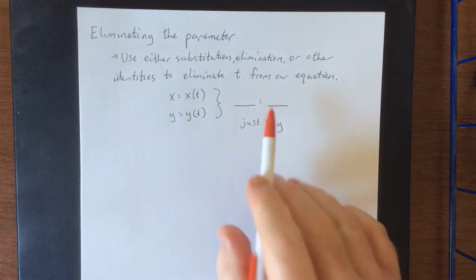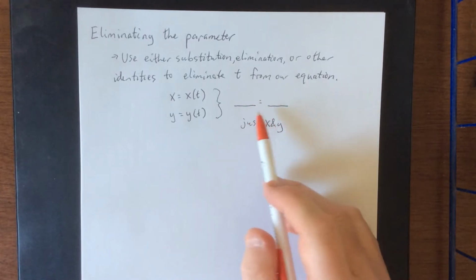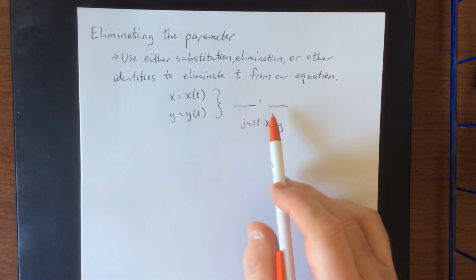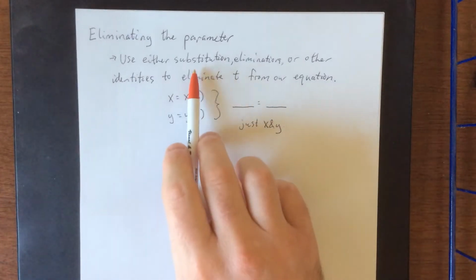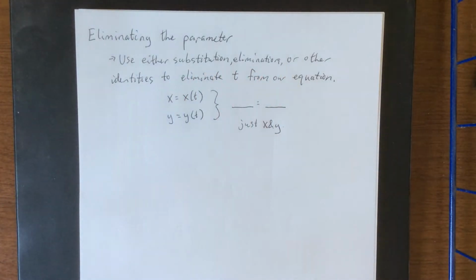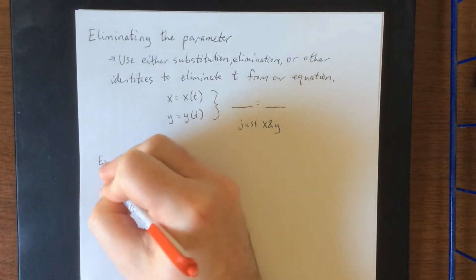Now, what we typically wind up with here is a relation rather than an actual function, which is why I'm not using a notation like f of x or f of y or g of y or anything along those lines. Now, because we've covered substitution and elimination in previous classes, let's talk about how to use them here.